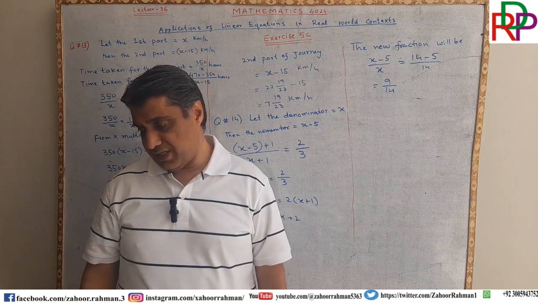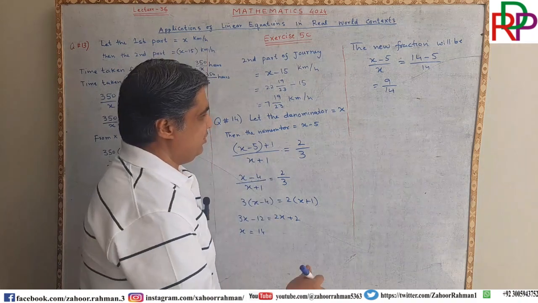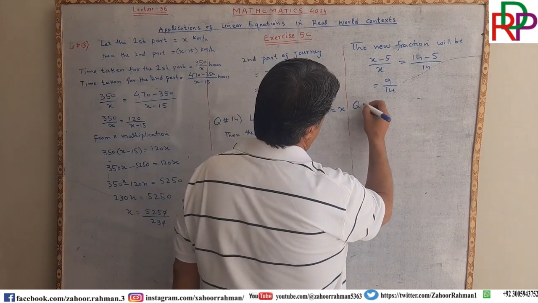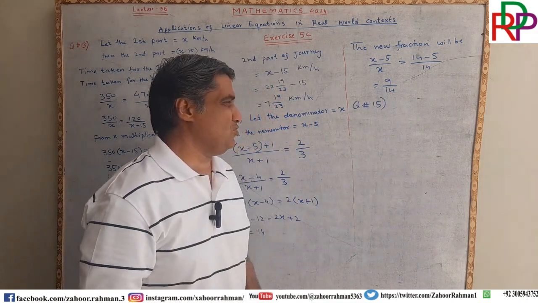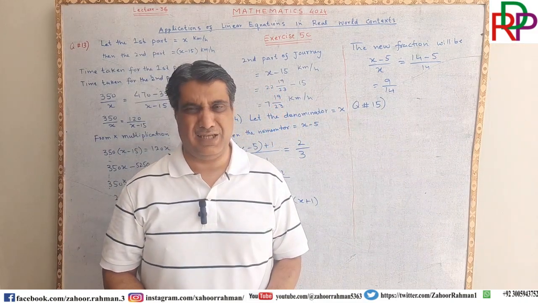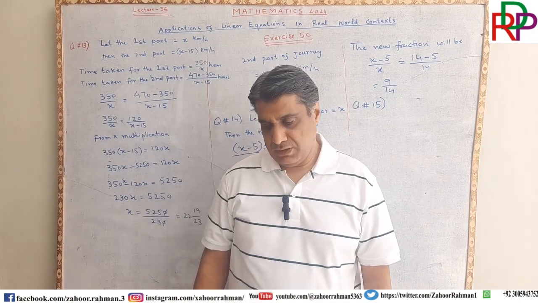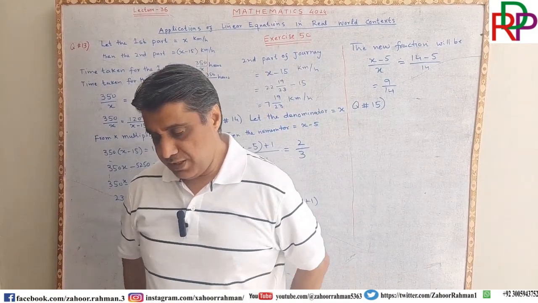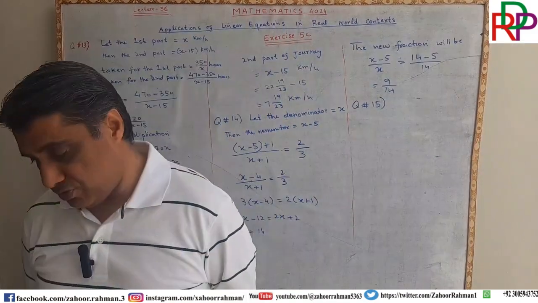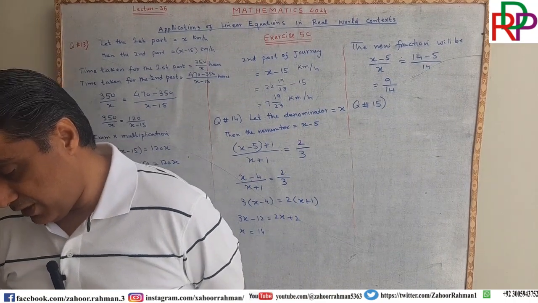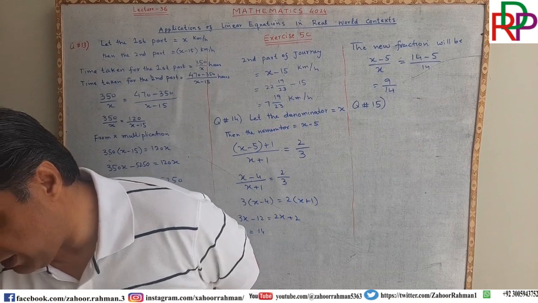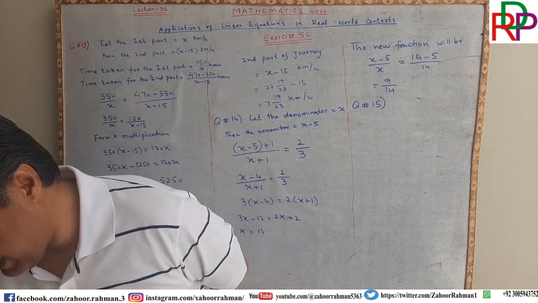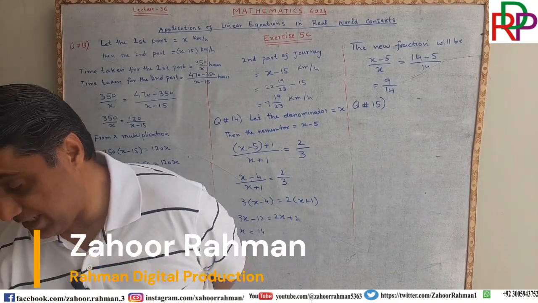Let us now do question number 15, which is the final question. So let us do it here as well. Okay, let us first understand the question. The two-digit positive number is such that the ones digit is 2.5 times as much as the 10 digit.